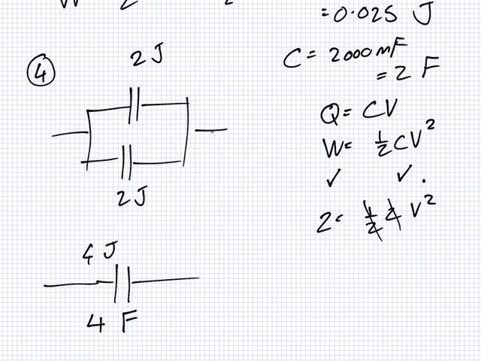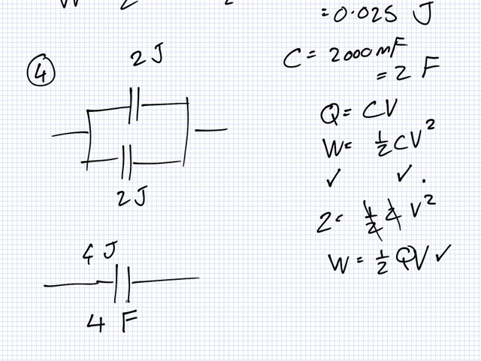I think this will be clearer if we use another formula. Do you remember the other formula for work? Work is a half QV. I think this would be more enlightening because we can see that the voltage here and here is the same. So that's okay. The Q here and here is the same, but when they come together, they add.